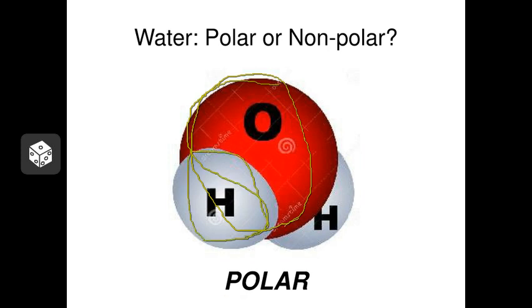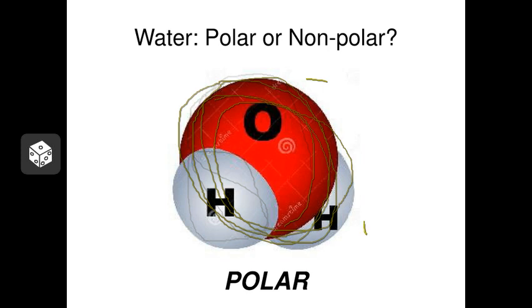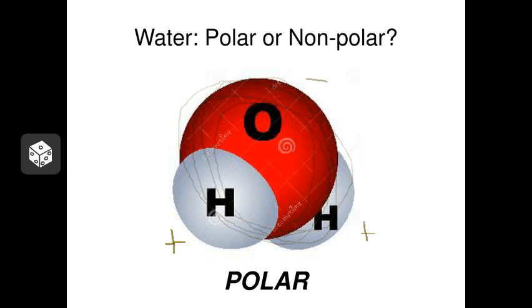But because oxygen is extremely electronegative, it's going to hog the electrons. And because it's hogging the electrons, that's going to give the oxygen a slight negative charge. It's also going to give the hydrogens a slight positive charge. So we have a lopsided molecule here with partial charges around the outside, and that's what allows it to do some of these really interesting, unique things.